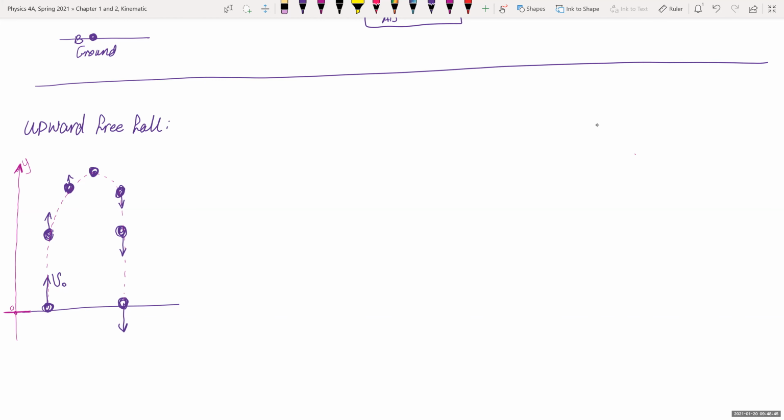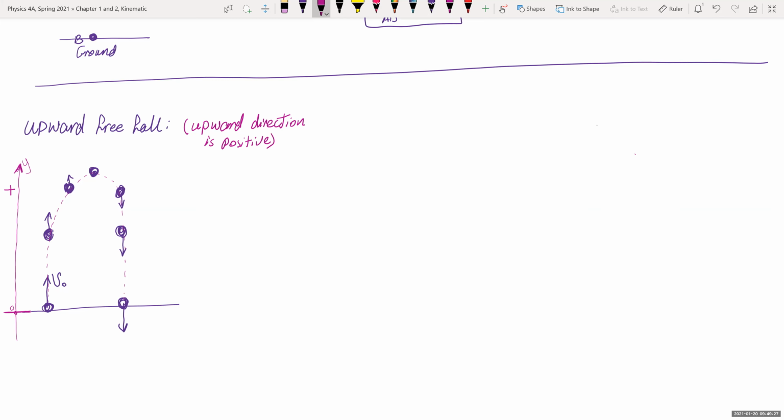So at this time, the upward direction is positive. That means anything above the origin is positive, and anything in the opposite direction of positive is negative.